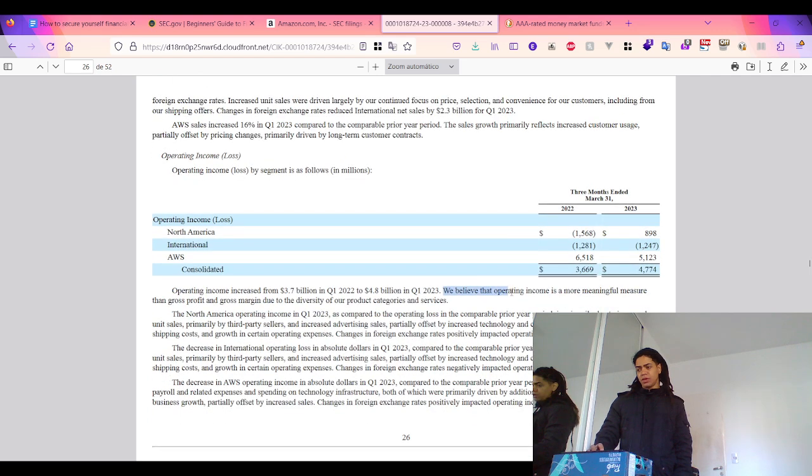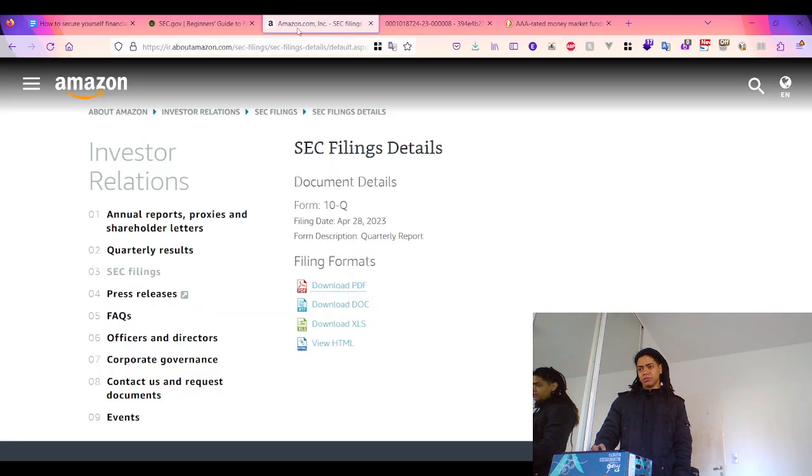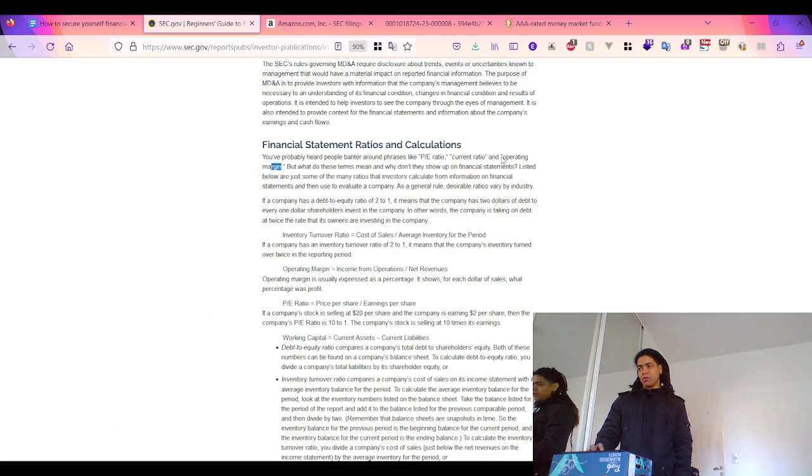They believe that operating income is a more meaningful measure than gross profit, because gross profit deducts the cost of sales from the total amount of revenue, but you need to consider also the operating expense. Operating margin, P/E ratio, current ratio.